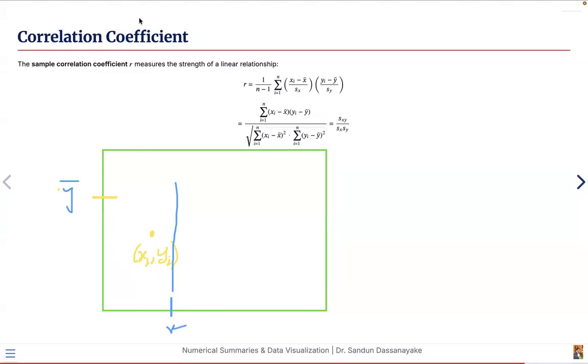I'll try to draw it in yellow. So when you get xi minus x bar, you are getting this value. When you get yi minus y bar, you are getting this value. These are the two values.